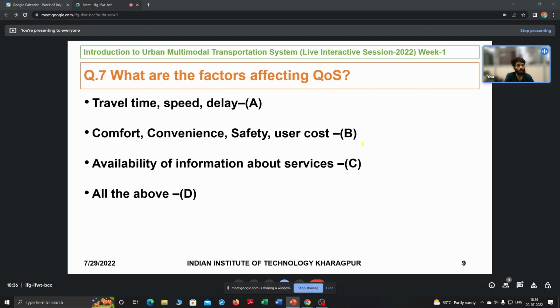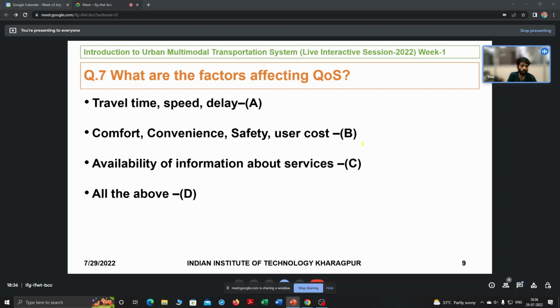Suppose travel time: if travel time is more, then you would rate it as not that good, right? But if you feel it's a reasonable travel time with less congestion, your perception of that service will change. So it obviously depends on travel time, and travel time and travel speed are directly related.